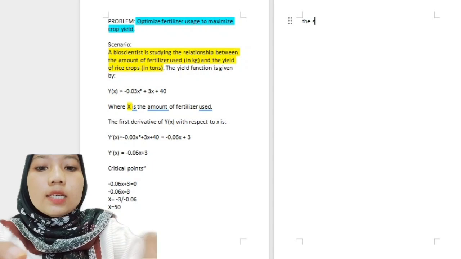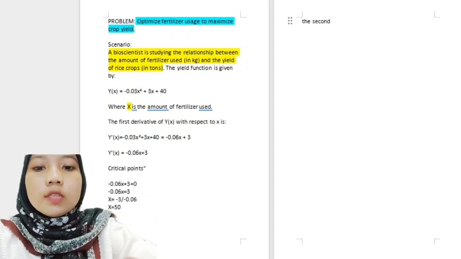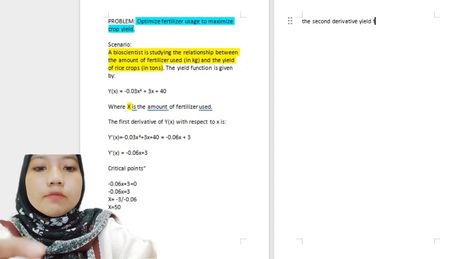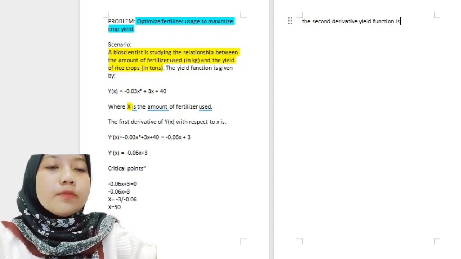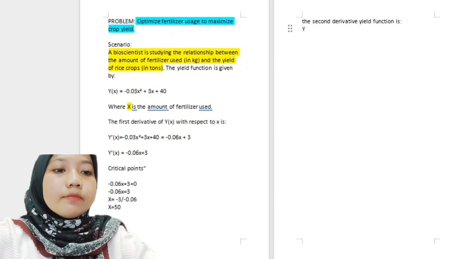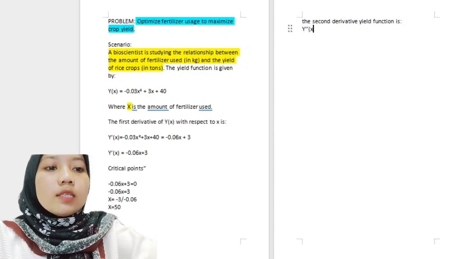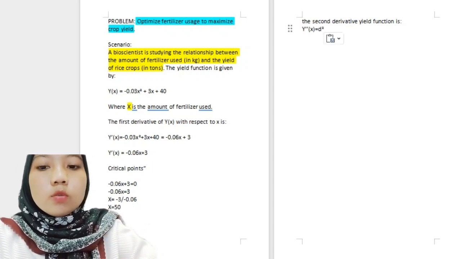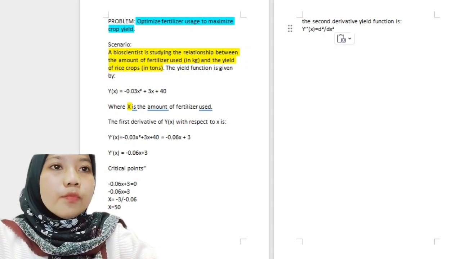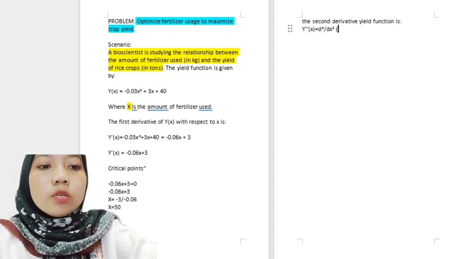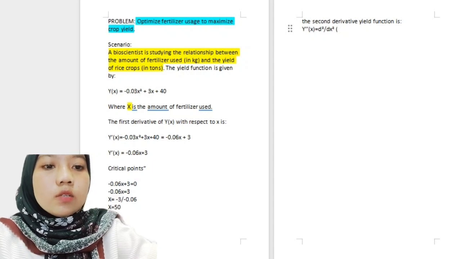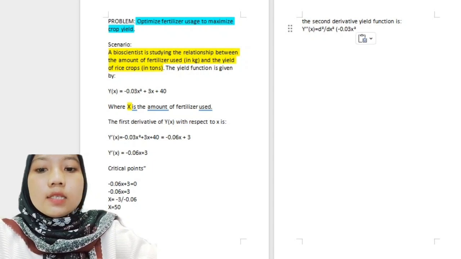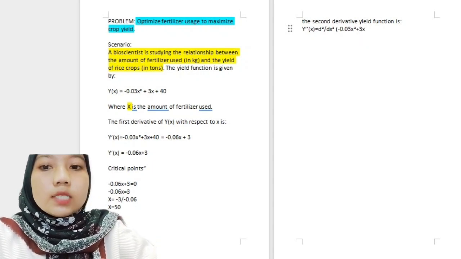So the second derivative of the yield function is y''(x) equals d squared over dx squared of negative 0.03x squared plus 3x plus 40.